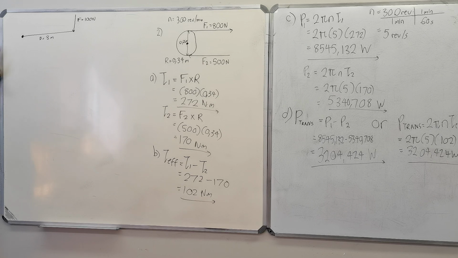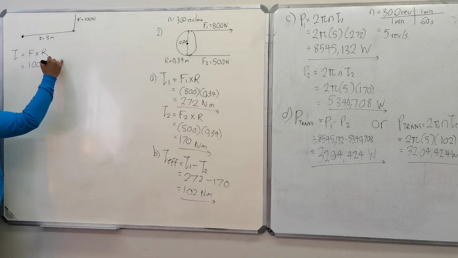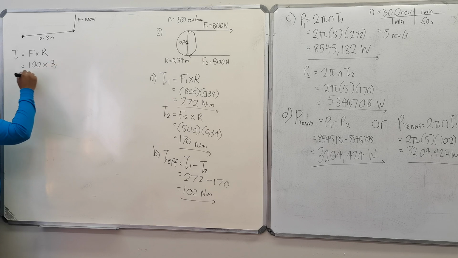How would you do that? Torque is equal to F times R. So this would be 100 times the working line perpendicular to the force, which is 3 meters. So this would be 300 newton meters.